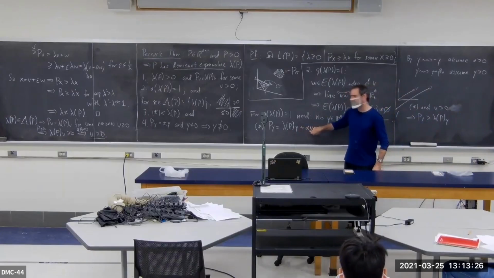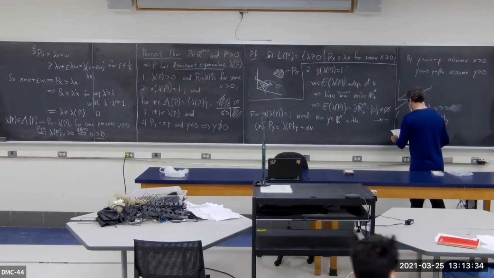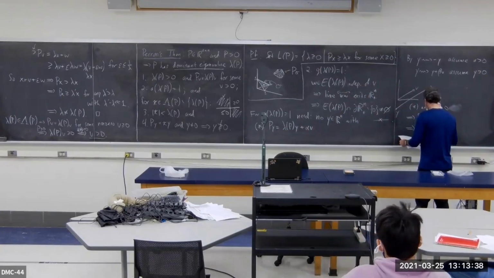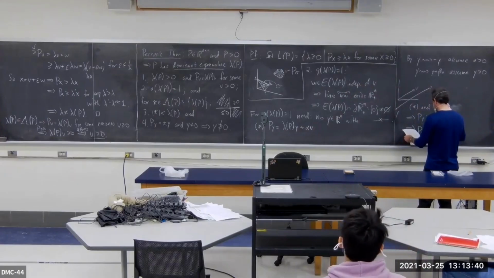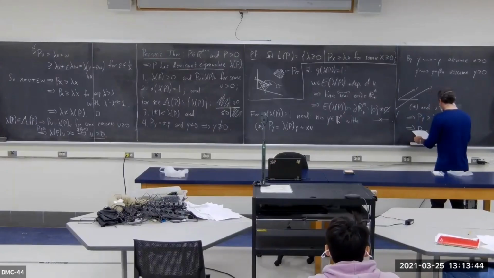This is lambda of P times y plus something positive. Fair enough? And that implies, by the same argument, that Py is greater than or equal to, or greater than, doesn't matter, lambda prime y.